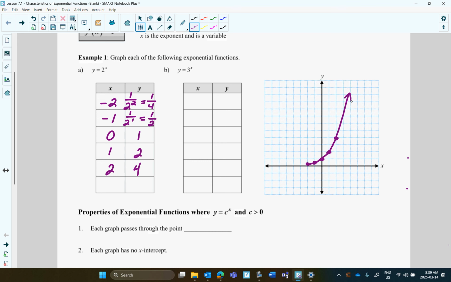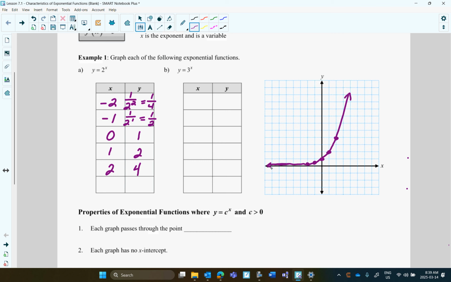And then a 32nd, and then a 64th, and then 128. Will it ever hit 0? No, it won't. So it's going to go along the x-axis, getting extremely close to it, but never touching it.